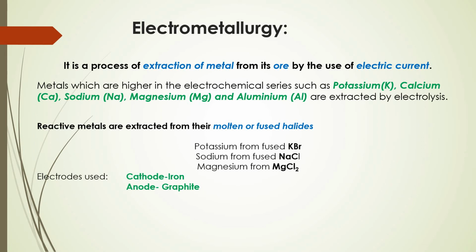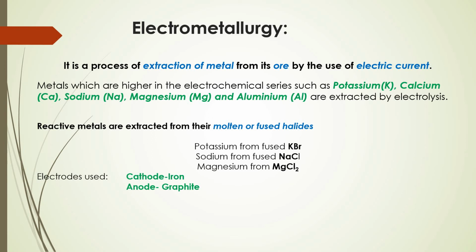For example, potassium is extracted from fused potassium bromide. Sodium, which is also another active metal, is extracted from fused or molten sodium chloride. In the same way, magnesium is extracted from fused magnesium chloride or molten magnesium chloride.